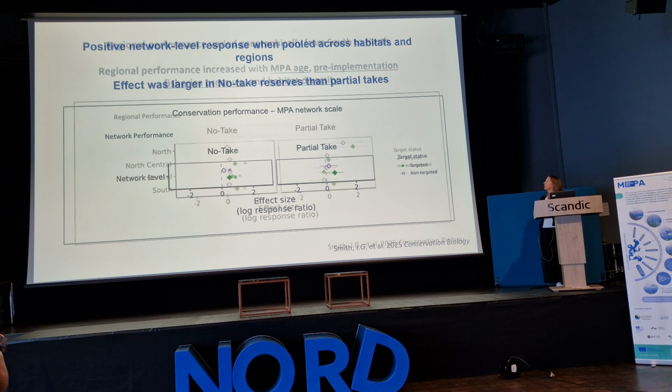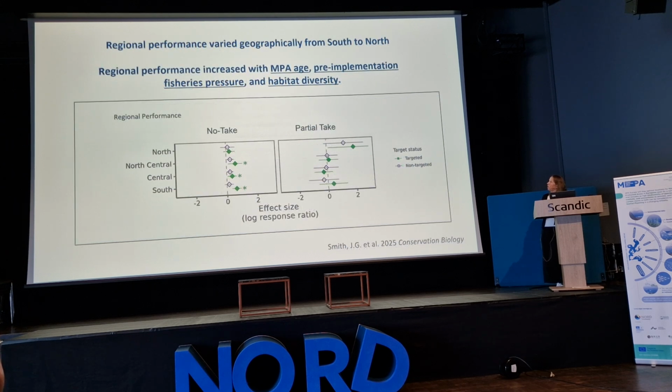At the regional level, we found, and we knew this already, serious biogeographic patterns, with the strongest effects in the south, where all the people live, and the weakest effects in the north. Our models showed that the regional performance increased with age, pre-implementation fishing pressure, and habitat diversity.